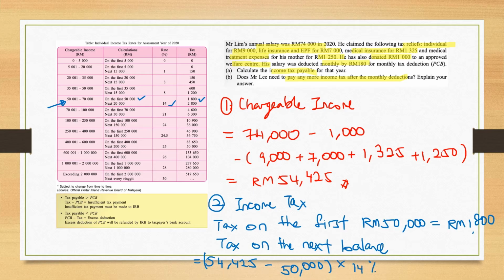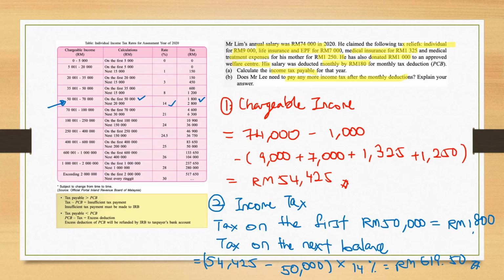Now, your final figure should be 619 ringgit and 50 cents. Okay, so now we calculate our chargeable income.